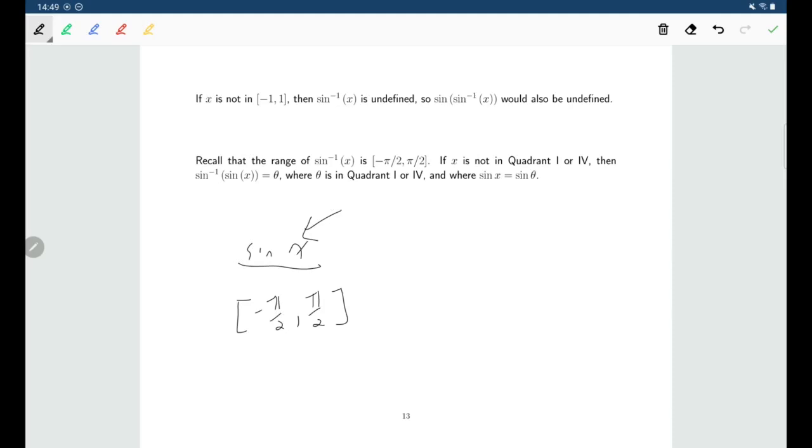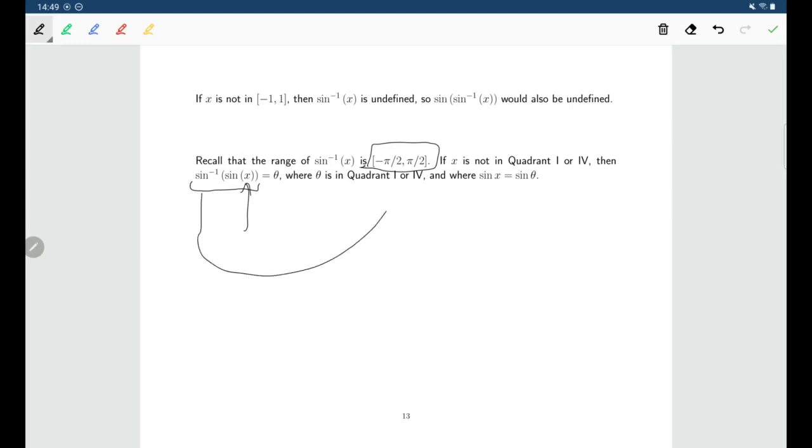So you could figure out, for example, what is sine of pi, or what is sine of 7 pi over 4, or any other value. The problem comes in when we're looking at composing sine inverse with sine, because although you can put numbers in for x that are outside of that interval, sine inverse is only going to give you values that are inside that interval.